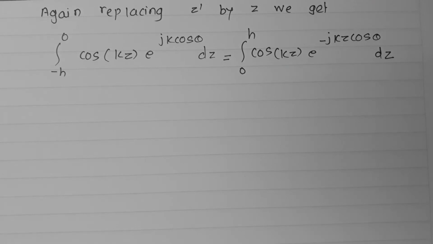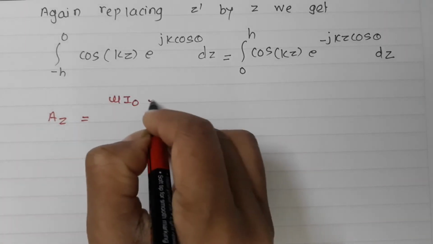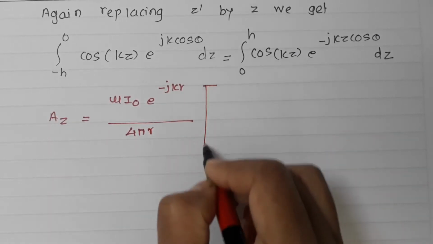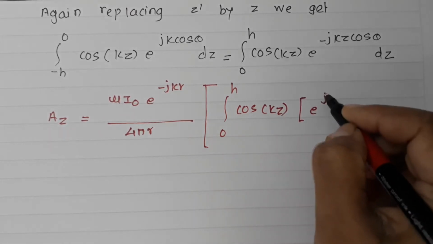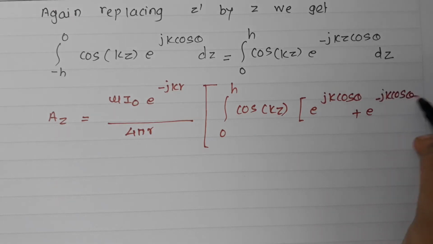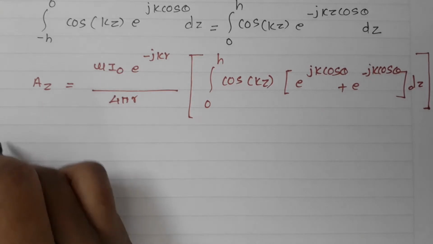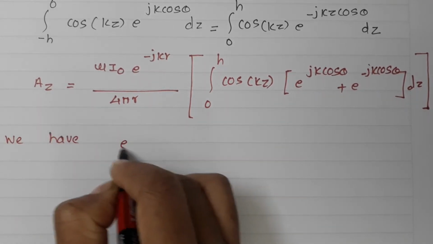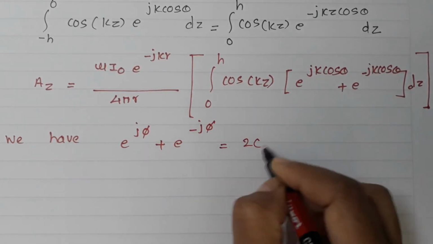Now putting these values in the above equation, I'll get Az is equal to mu I0 e raised to minus jkr divided by 4 pi r. It will be the integral from 0 to h of cos of kz times e raised to jk cos theta plus e raised to minus jk cos theta with respect to dz, and I'll complete this particular bracket. Now what we have in this equation is e raised to j phi plus e raised to minus j phi is equal to 2 cos of phi.